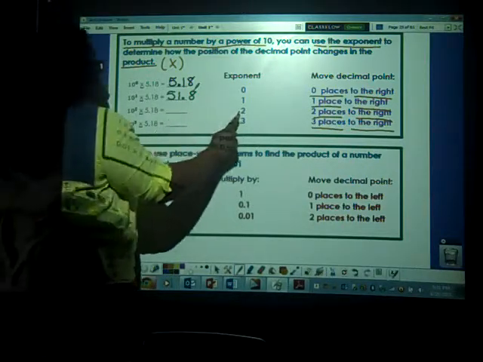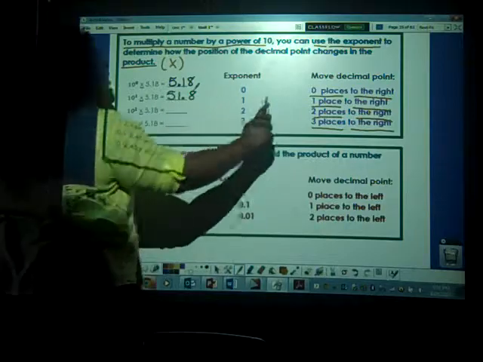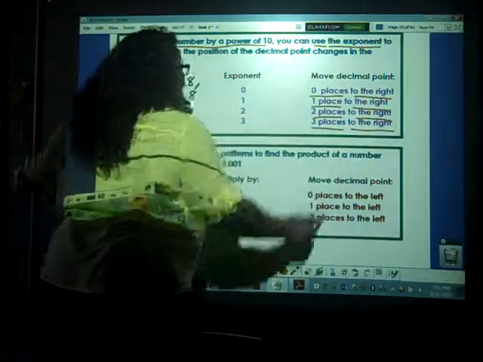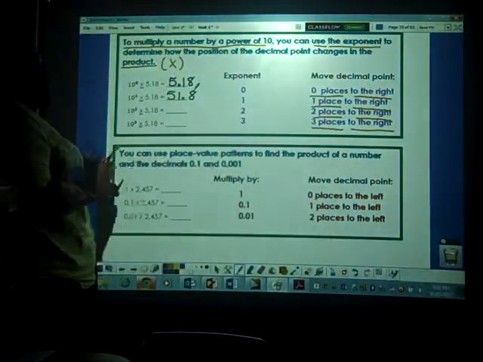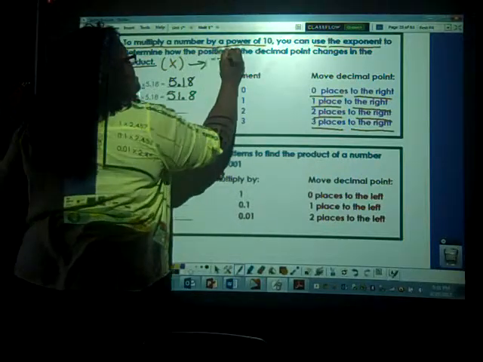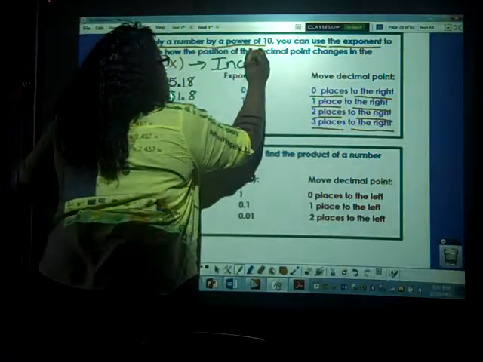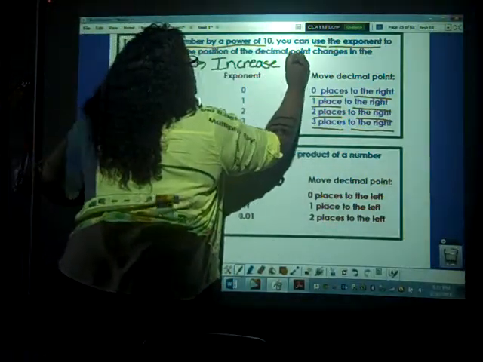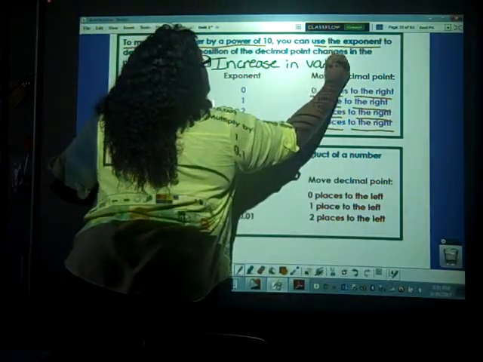Well, our exponent is 2. So we're going to move our decimal point 2 places to the right. Because we're multiplying, we want our value to increase in value.